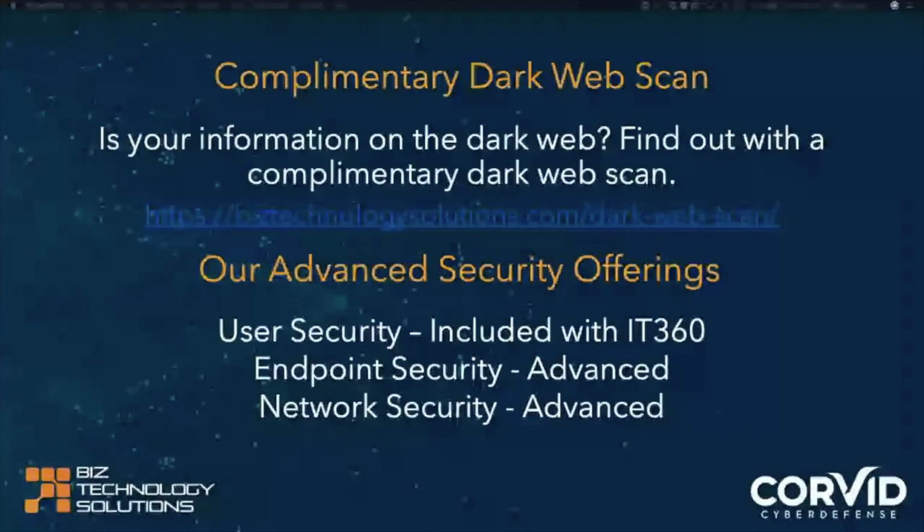Maybe they're using passwords that were leaked in 2016 that we still see popping up in 2020, which means they haven't changed them because people are notoriously bad at passwords. And like Mike had mentioned, a password manager, we could look at something like that to help them with just using one password to access their database of passwords, or even using something like multi-factor authentication. So it's just good to understand where your weak points are, especially from a user standpoint, and then helps us focus on what we need to do for end user security and end user training.